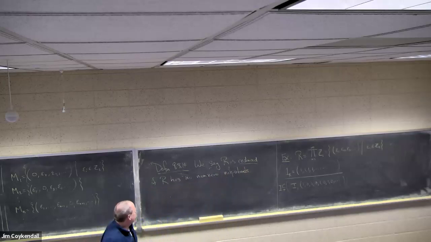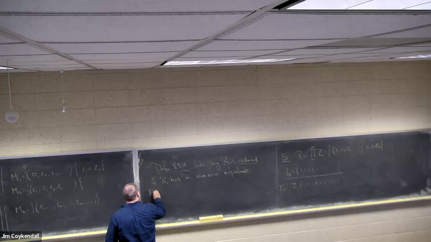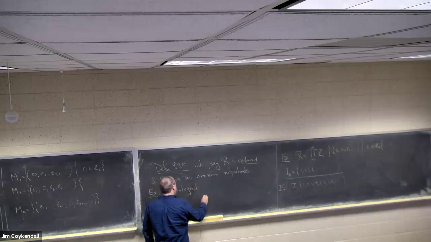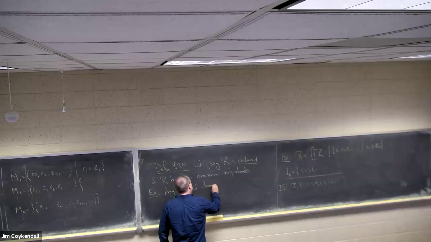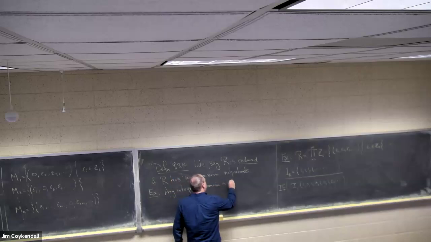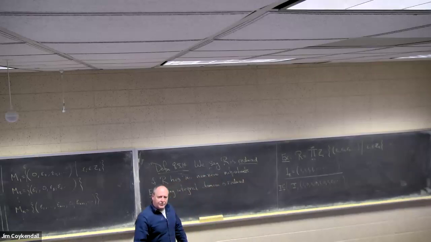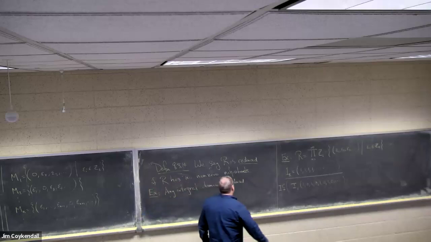Let me give you an example or two. Any integral domain is reduced, because after all, an integral domain has no zero divisors at all, other than zero, let alone nilpotents.